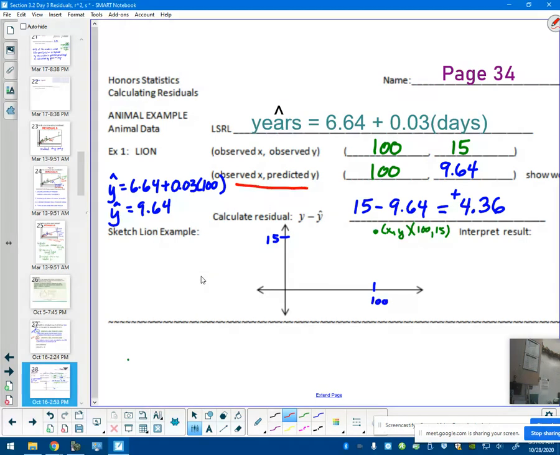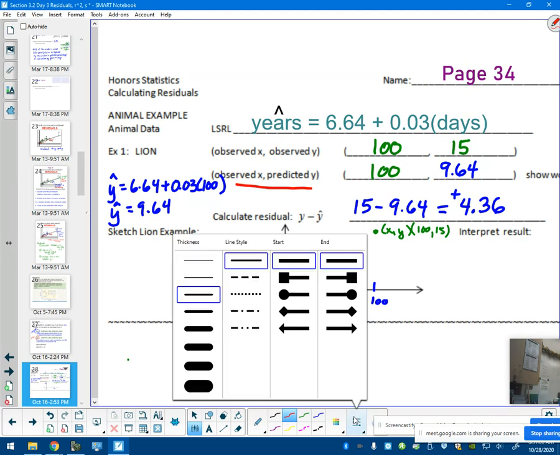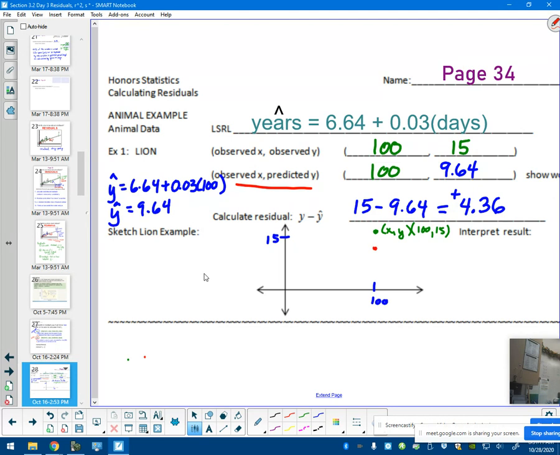The actual thing that I predicted was down here. That's my x comma y hat, at 100 comma 9.64. So my line is coming through like this, and this right here is my residual stick. That's a positive residual stick, because 4.36 is a positive number and my prediction is underneath.